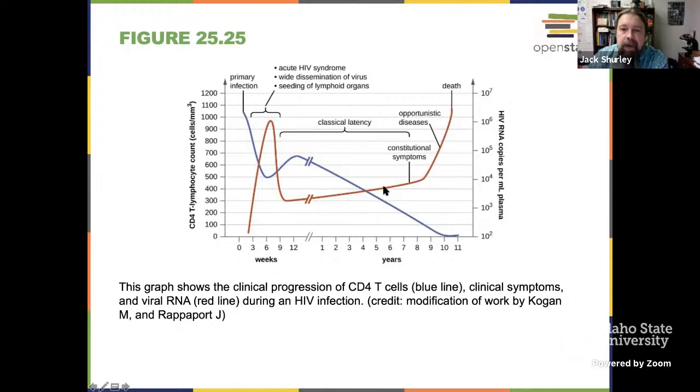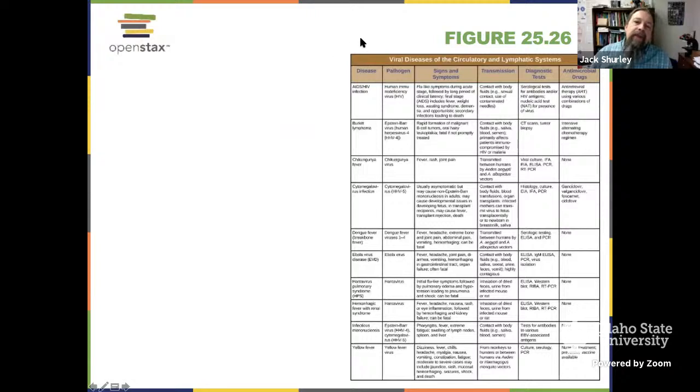Some speculate unable to pass or transmit that infection. So it's likely that that is accurate. I think many are a little reluctant to say that that's the case.